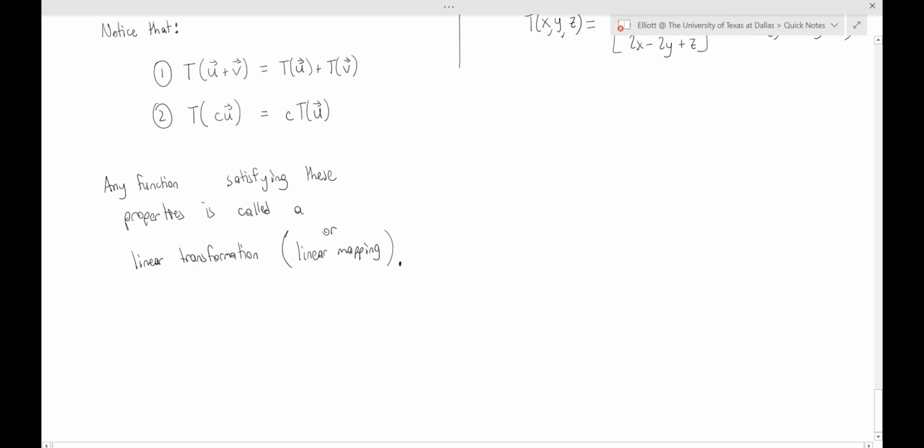And what we've seen right now is if our transformation has this form, so if our transformation simply multiplies the input vector by a matrix, then this function is linear.